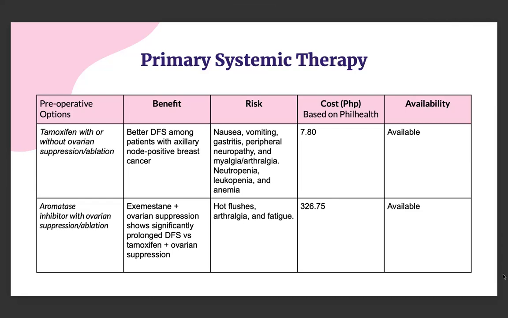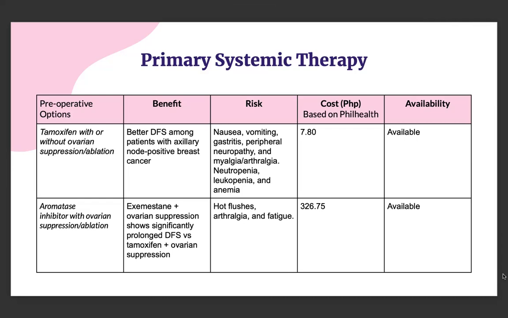But for the risk of this modality, patients can experience hot flashes, nausea, leg cramps, and numbing or tingling sensation in the skin. So this is available in pharmacies. Tamoxifen costs 780 per 20 milligram tab.